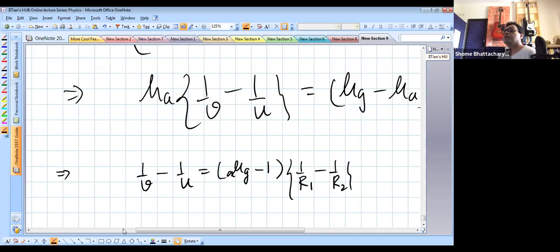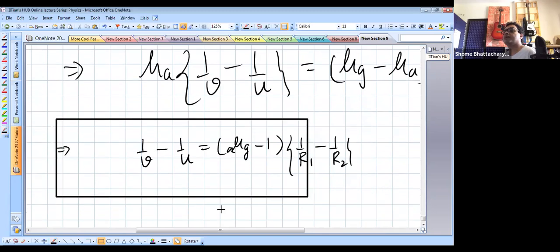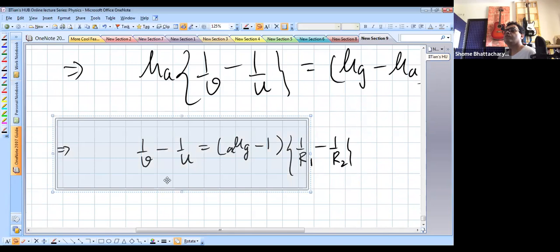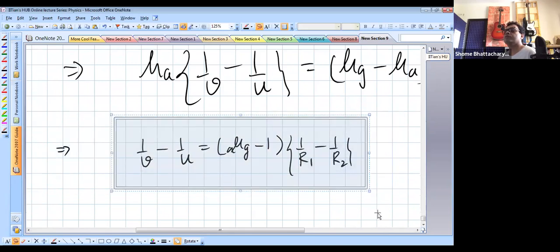where remember, in this formula, U has to be substituted with the proper sign. So in my particular example, with the proper sign, it is actually minus of OP, whereas R1 and R2 are also to be substituted with the proper sign.